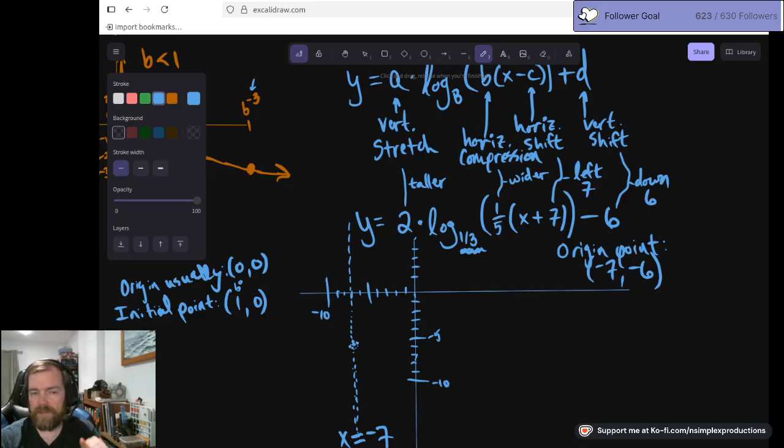But that's not the case in this particular case, because our horizontal compression factor is going to make this wider by a factor of 5. So from our origin point, normally we go 1 space, but now we're going to go 5 times further. So 2, 3, 4, 5, until we get to -2, -6.